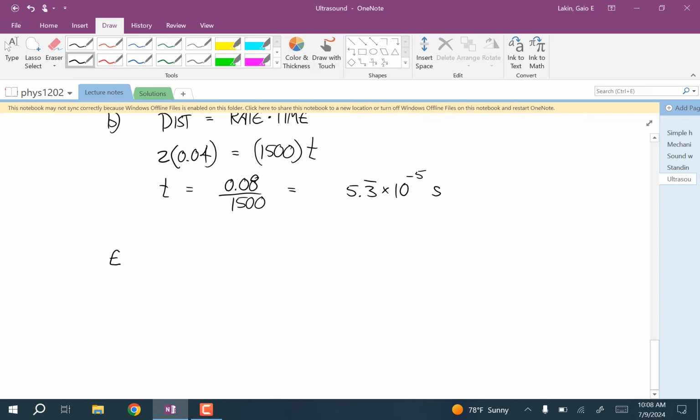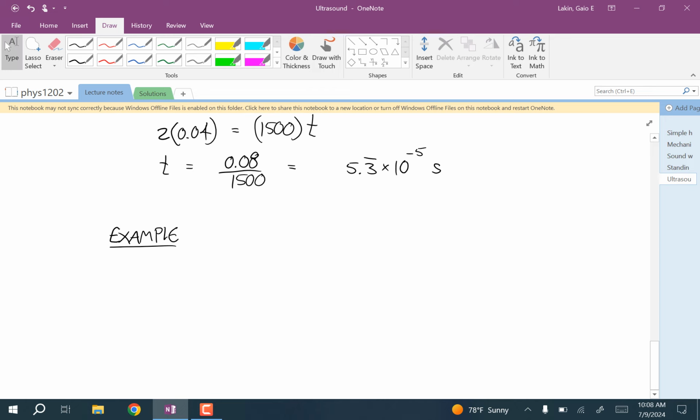Let me do also an example with the Doppler shift. So in this case, let's say that the Doppler shift is being used to assess cardiac function in a fetus.